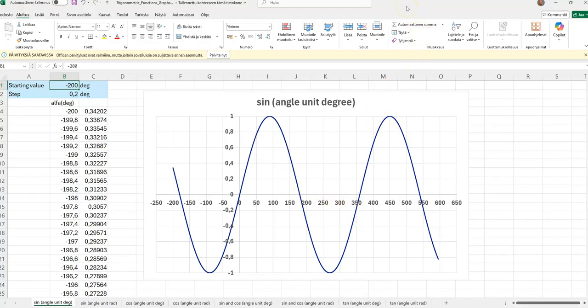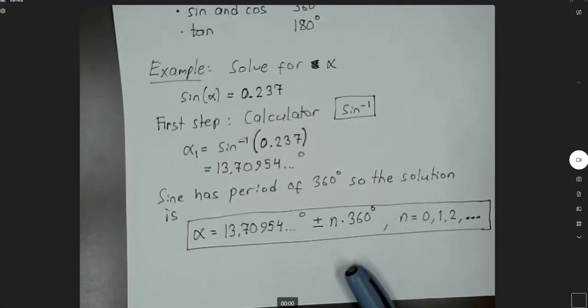When we knew that the period of sine was 360 degrees, we could approximate that the solution for this equation would be 13.7, the angle we get from the calculator, plus or minus some multiple, n times 360, starting from 0. When we take the value 0 there, we actually get the value we get from the calculator.